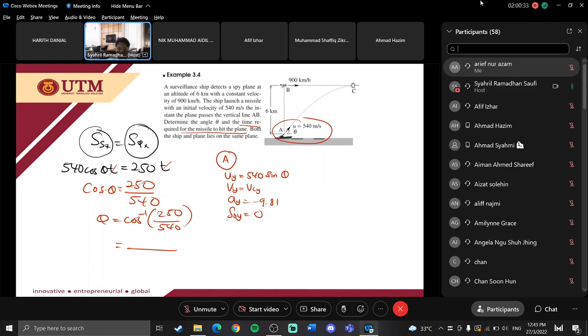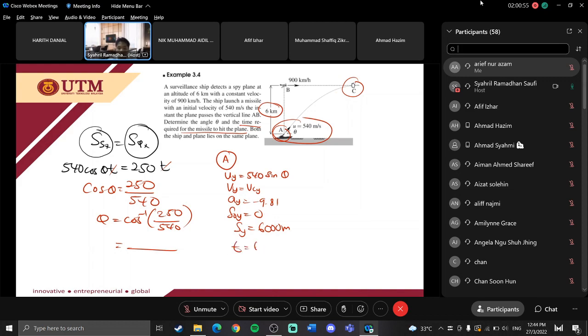And you are given the Sy from A to C, which is 6,000 meters. The reference point here is A, the end point here is C, so you just put positive 6,000 meters.